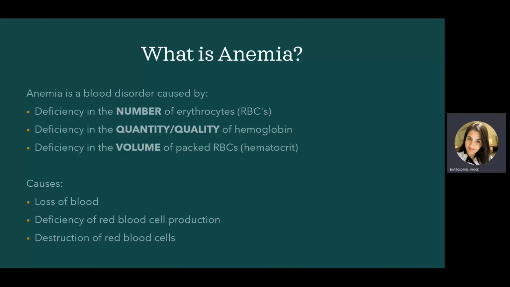Anybody can really suffer from anemia if they experience different things. For example, it could be because they lost a lot of blood or they had some surgery, which is called secondary anemia. So, anemia as a result of the blood loss from surgery.